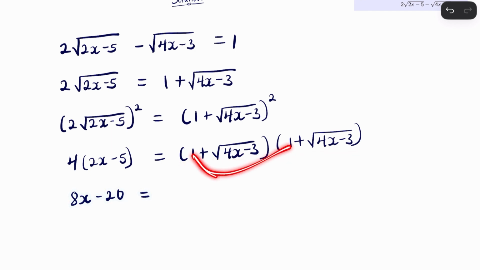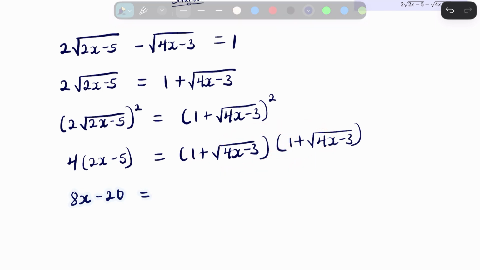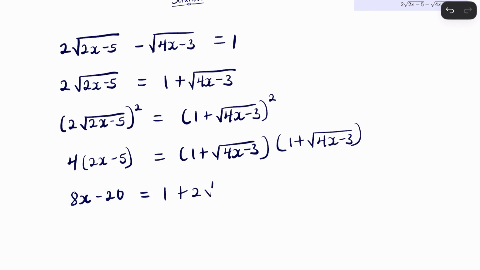So we do binomial expansion. So this times this, times that. Likewise, this times this, times that, right? So we are going to have 1 + 2√(4x - 3) + 4x - 3.